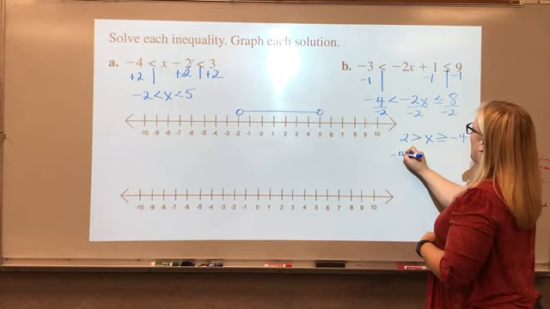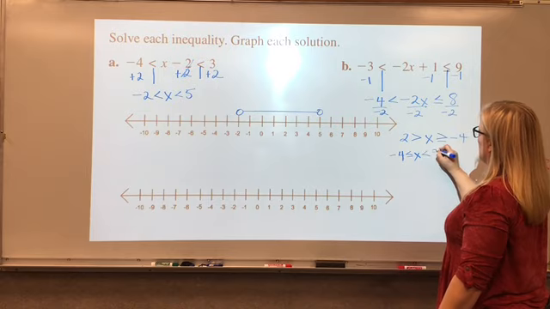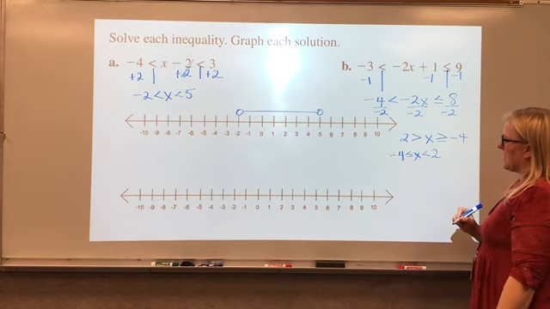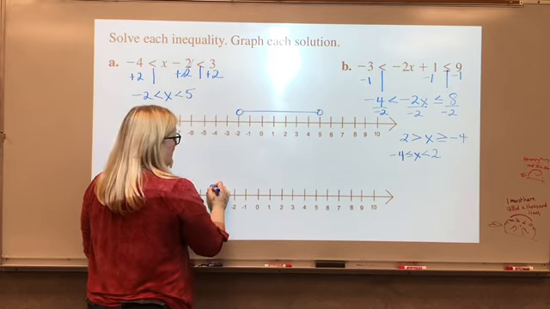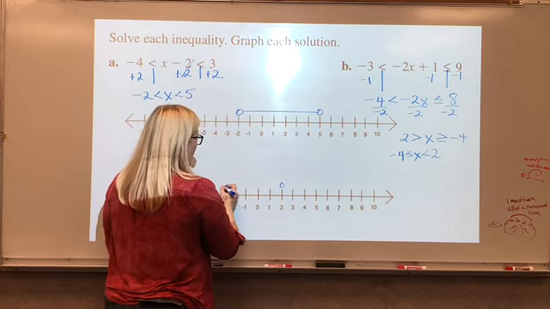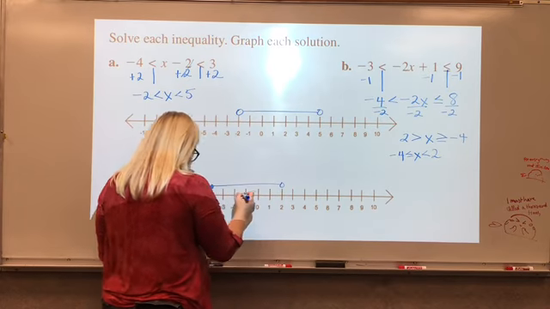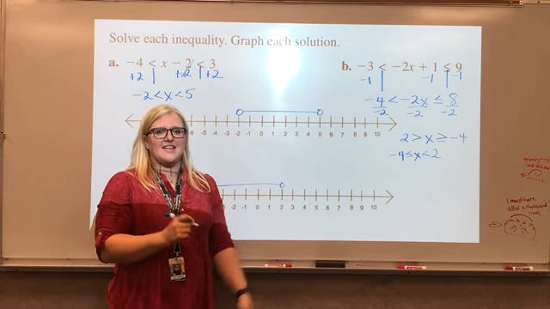So -4, Pac-Man eats the bigger number. Okay, so I've got -4, a lot of flipping in this problem. Okay, and then we've got a 2 right here, and we connect those. And we will do some with ORs in the next video.